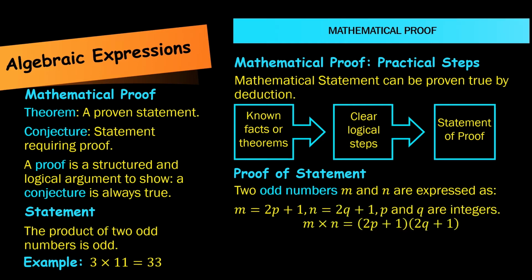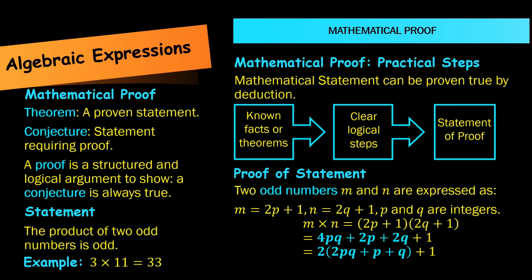So if we multiply m by n, we obtain 2p plus 1 times 2q plus 1. Let's expand the right-hand side to give 4pq plus 2p plus 2q plus 1.